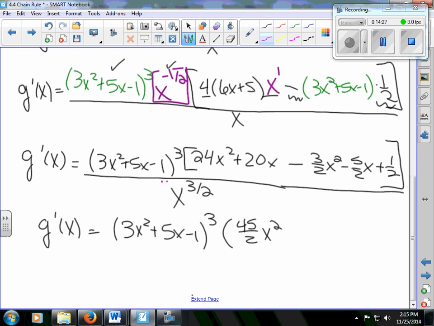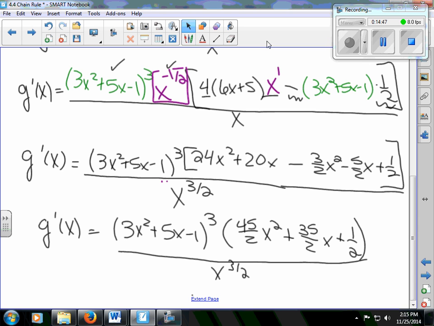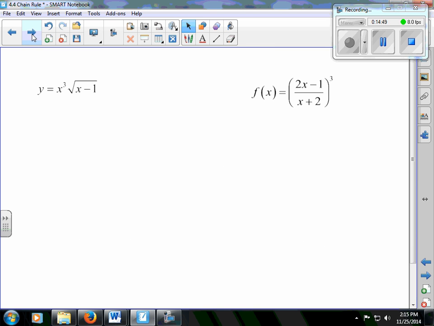I should have factored out that half. Oh well. Plus 20 is 40 halves, 35 halves, x plus 1/2. All divided by x to the 3/2. This is as simple as it gets. Okay. I have a few more examples.